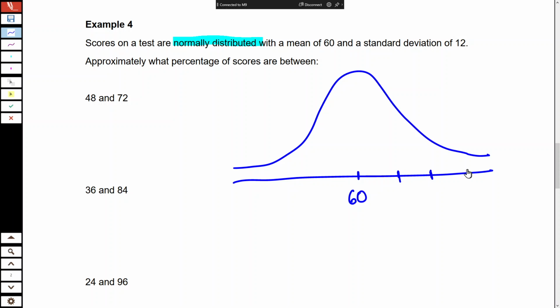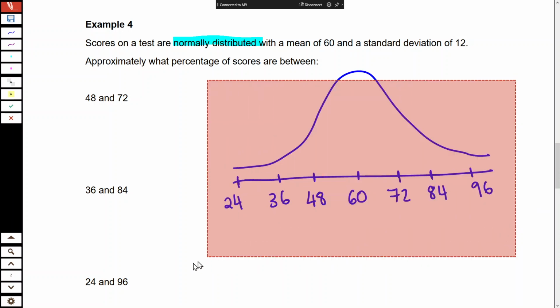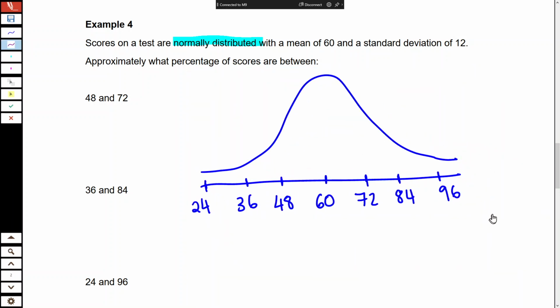So what I'm going to do is I'm going to go up by 12 to the right, and I'm going to go down by 12 on the left. Down here, I'm going to write another number, saying the number of standard deviations, the blue numbers are above the mean.